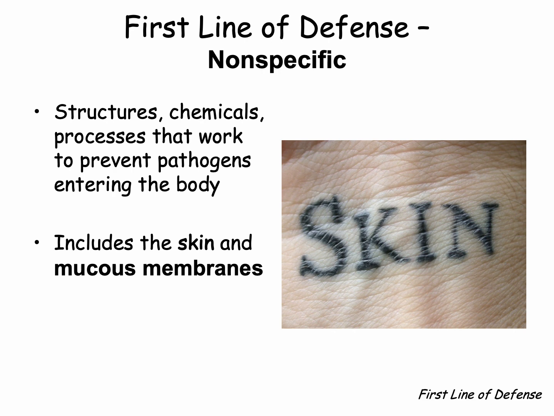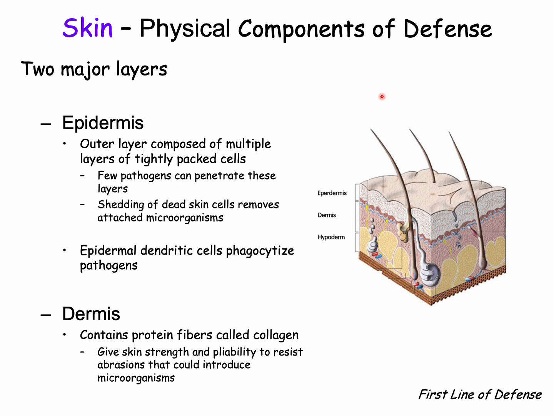We'll talk about both physical and chemical roles that it plays in preventing infection from pathogens it's coming into contact with. Another first line of defense, or non-specific immune response defense, are our mucous membranes, and we'll talk about that after we get through skin. Our skin is built to protect us. It has physical components that defend us from pathogens just being able to enter right into our body.